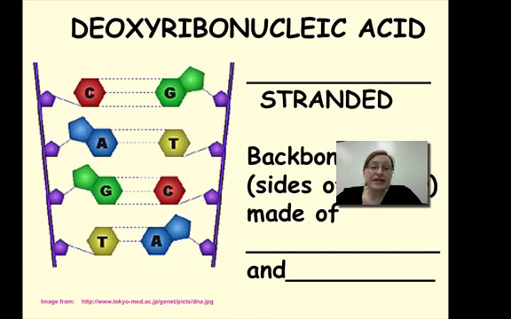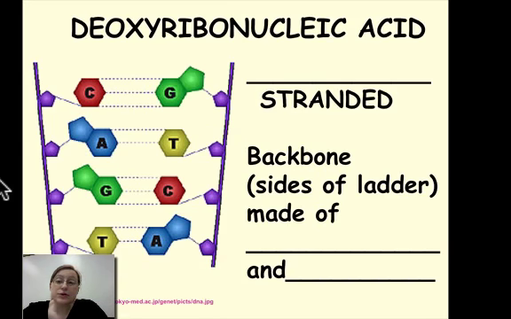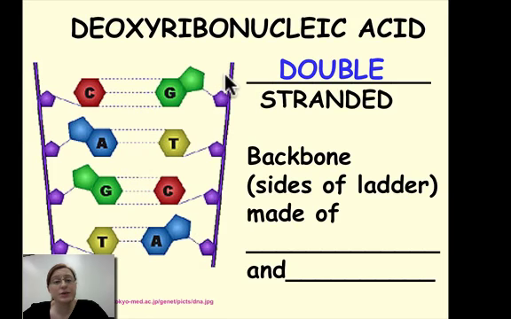So DNA stands for deoxyribonucleic acid. Okay, it is a double-stranded molecule. So we have one vertical strand here, and we have one vertical strand here. A lot of the times we compare the structure of DNA to a ladder. So you'll see we have these vertical pieces, okay, and then we have the steps or the rungs of the ladder.